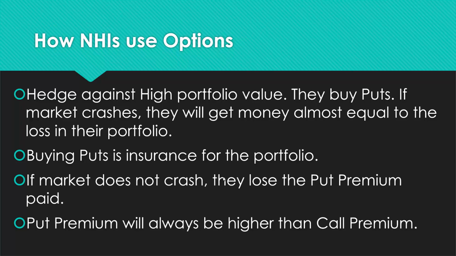So if the market crashes 10%, 20%, you get the money that you've lost in your portfolio. Instead of losing money in your portfolio, you just get the money from the options. You can use the money to buy stocks in your portfolio. This is the actual reason, or actual use, of the options.